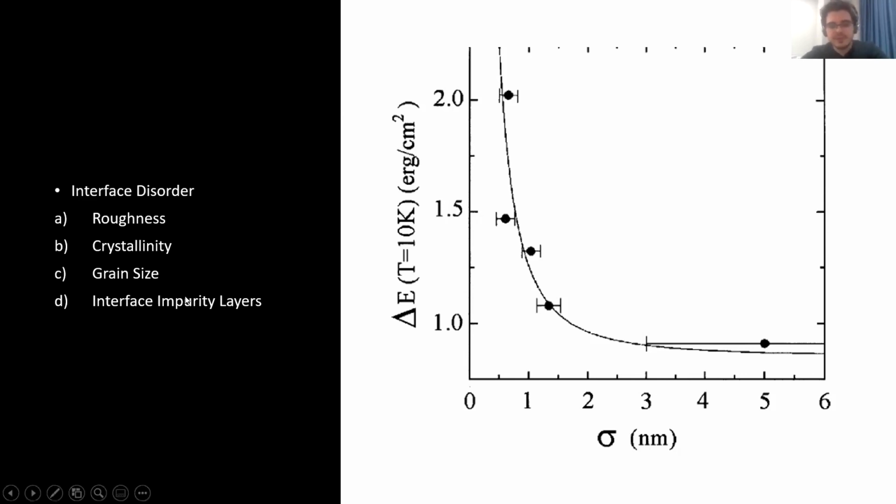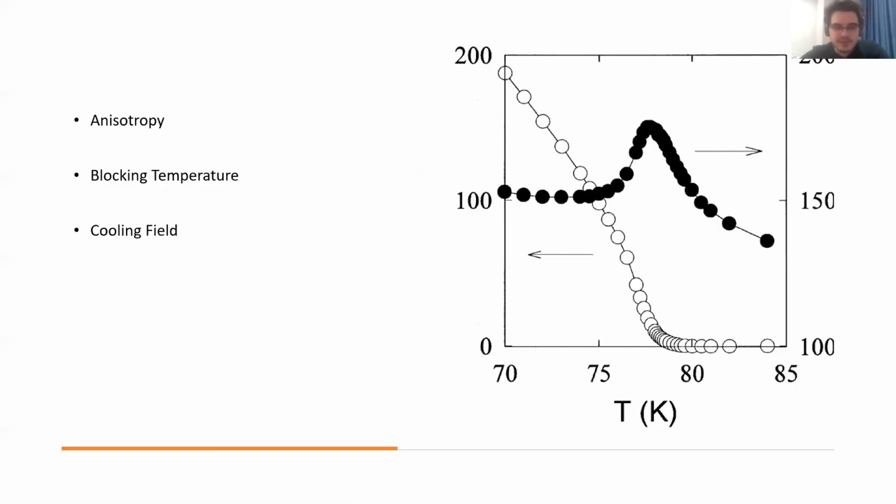Interface impurity layers added to the exchange bias material may also affect the exchange characteristic, but it does not show the predicted characteristics. A couple of impurity layers is not enough to destroy the exchange characteristic of materials. Some nanometers of material must be added to completely destroy the exchange bias characteristics.